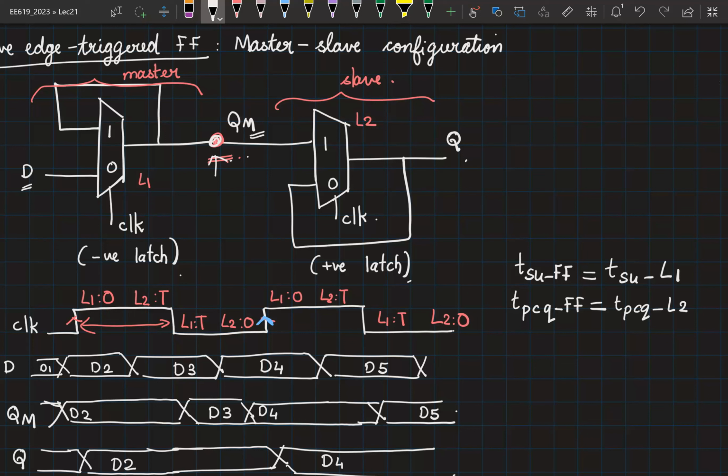TPDQ will also be the same if the setup time constraint is well met with sufficient margin. So you can think about all the other parameters for the flop, such as TCCQ, TPDQ, TCDQ. Is there a TCDQ and TPDQ for the flop?